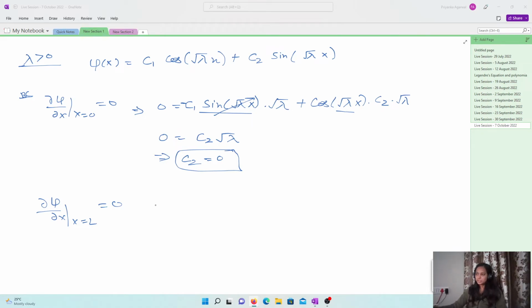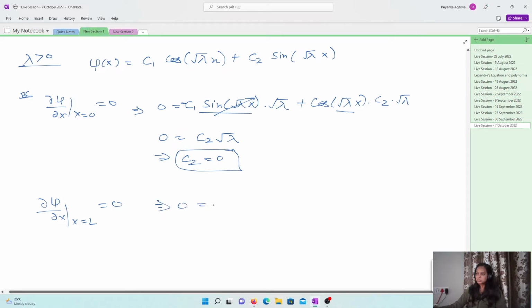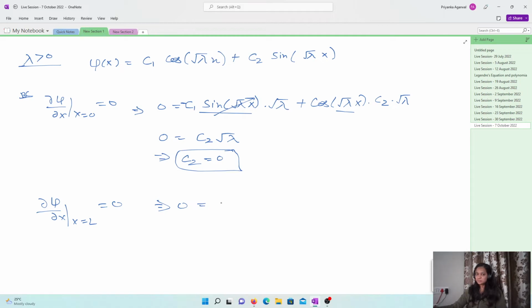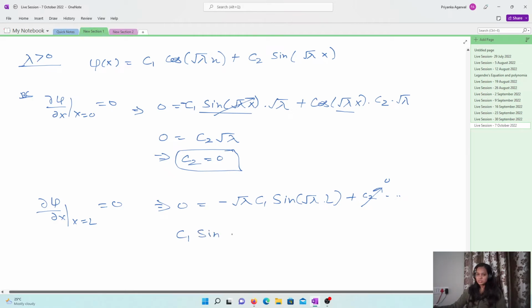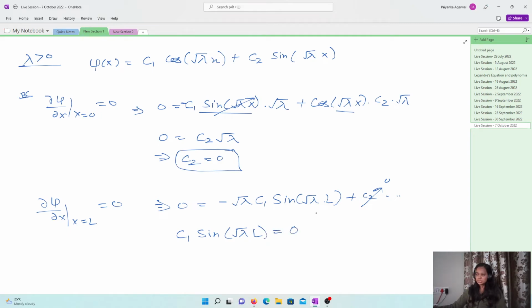Now what we get here in this case is 0 equals minus root lambda C1 sin root lambda L, plus the other term, which is C2 times something, which is 0. So from here what we get is C1 sin root lambda L equal to 0.